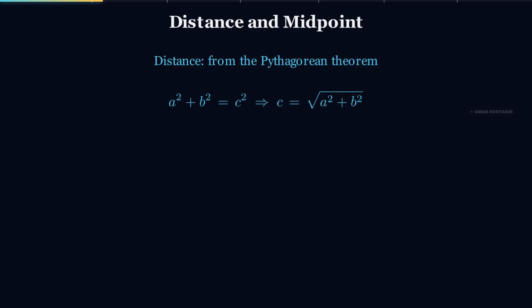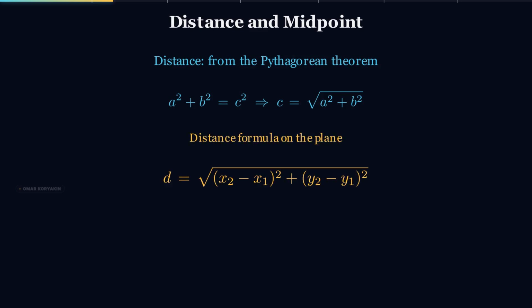These two separations are the legs of a right triangle whose hypotenuse is the straight line distance between the 2 points. The Pythagorean theorem says the square of the hypotenuse equals the sum of the squares of the legs, so the distance is the square root of the sum of the squared differences.